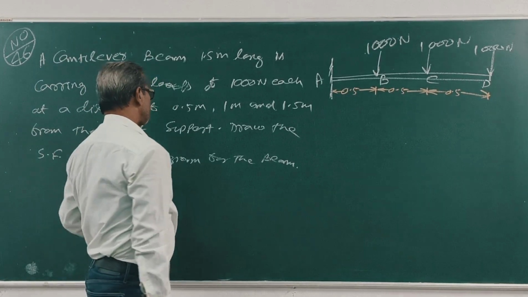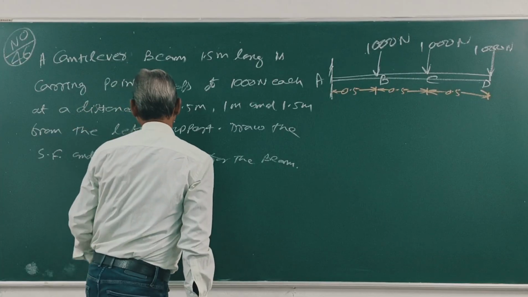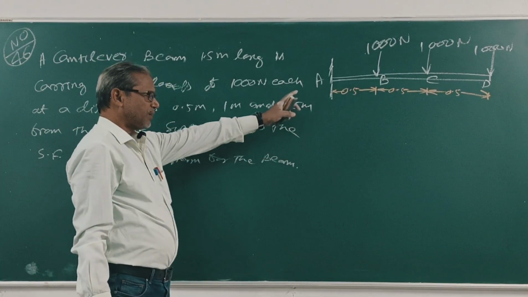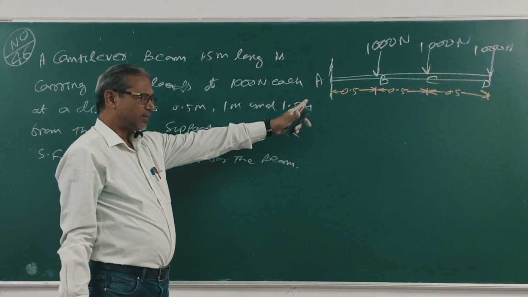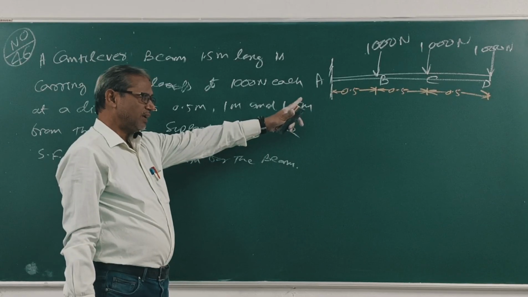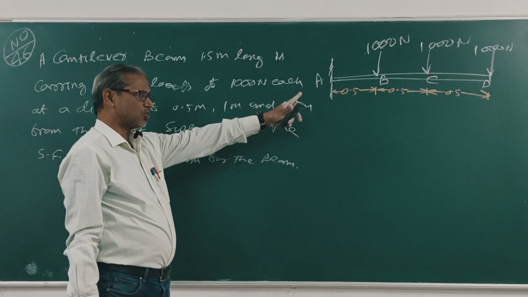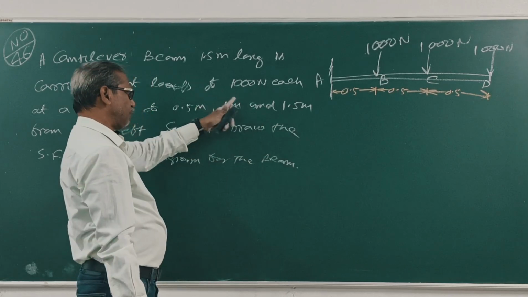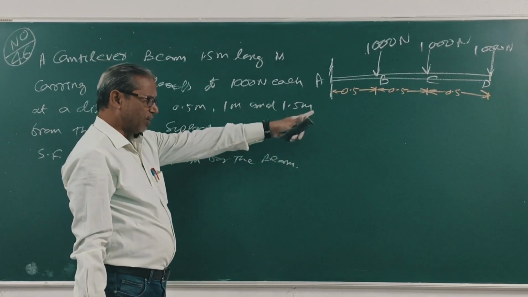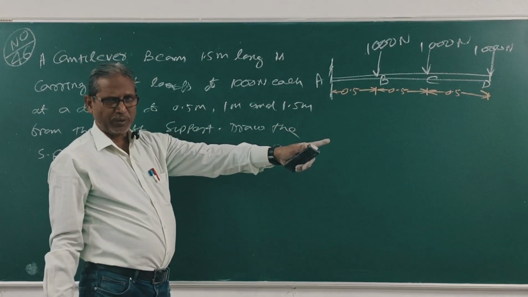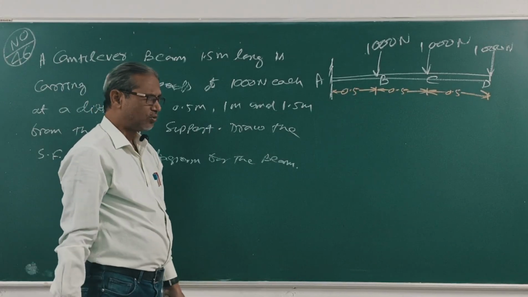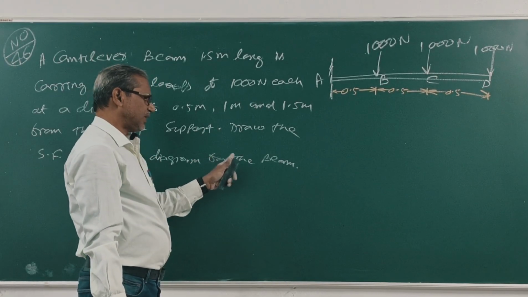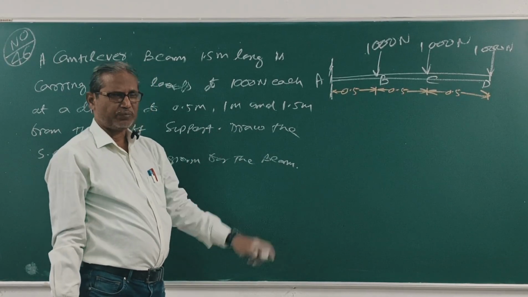This is question number 46. Very important question. This is a cantilever beam. The beam is acted upon by 3 loads, 1000 Newton each at a distance 0.5 meter, 1 meter, 1.5 meter from the left support. Draw the shear force and bending moment diagram for the beam.